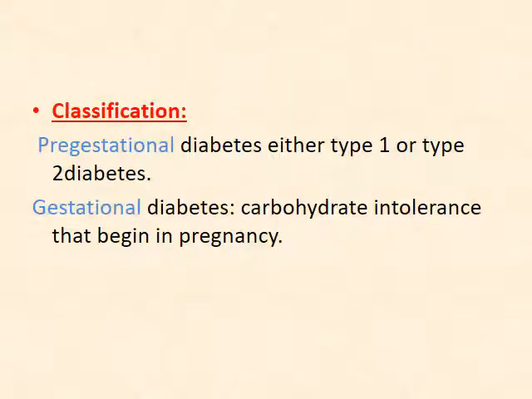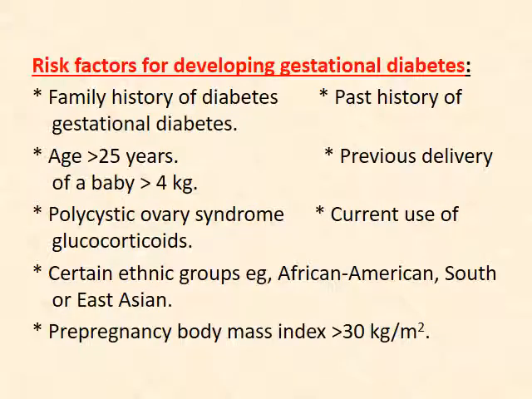Classification. If the patient is known to be diabetic before gestation, the type of diabetes is type 1 or type 2, or gestational diabetes, which is carbohydrate intolerance that begins in pregnancy.